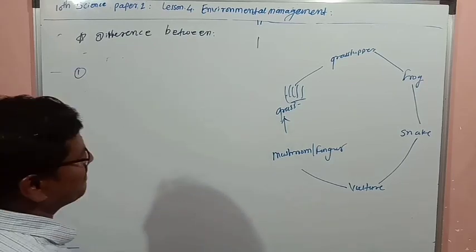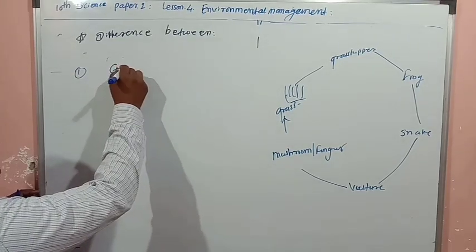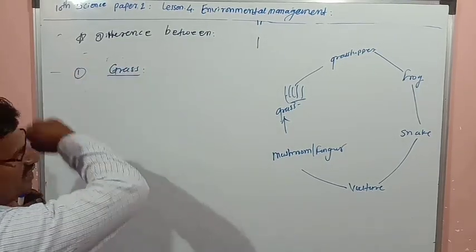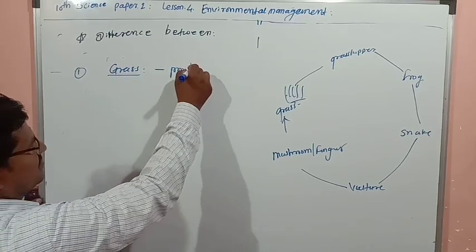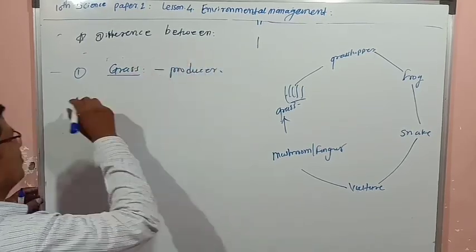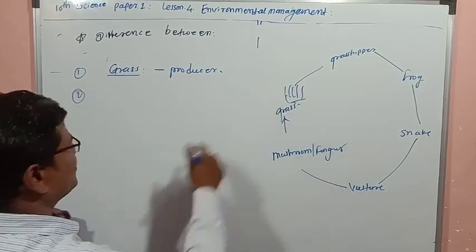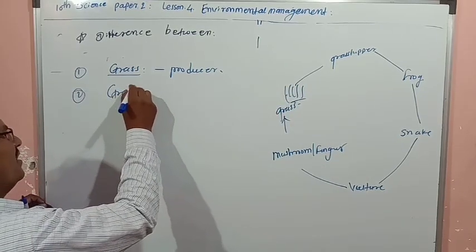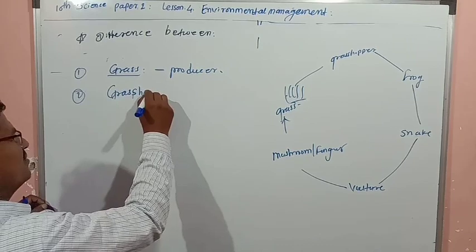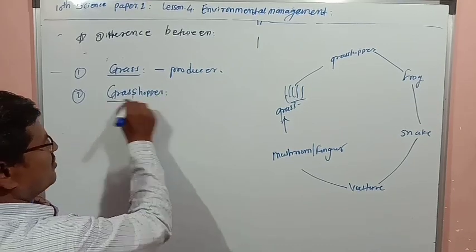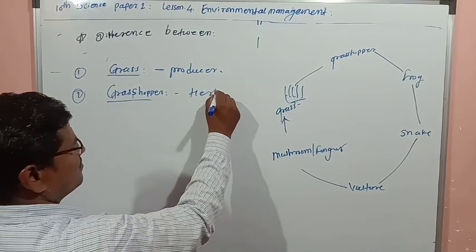In this diagram, grass is an organism and it is a producer. Second one is there, grasshopper. What is the role of grasshopper? Herbivore is there.